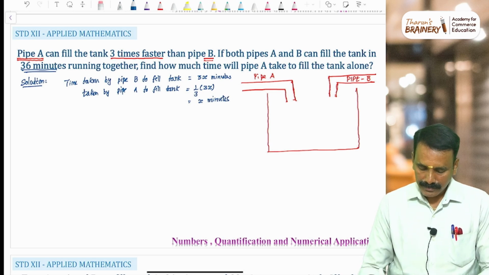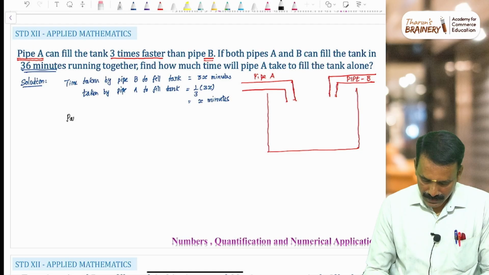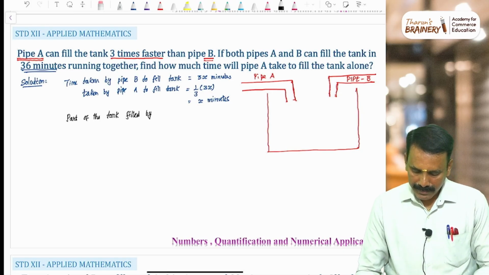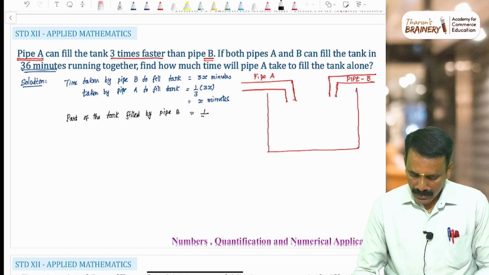Okay. Now part of the tank filled by pipe B will be equal to 1 by 3x part.